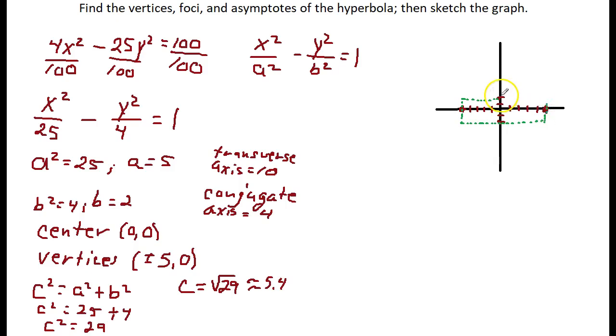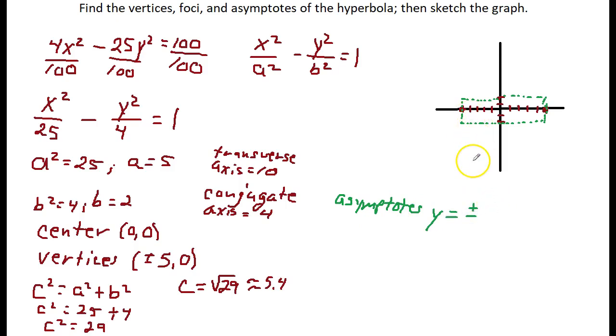Now, my asymptotes, I'll just use the green for my asymptotes. Is the line y equals plus or minus.